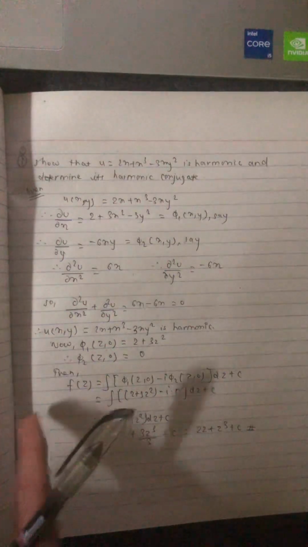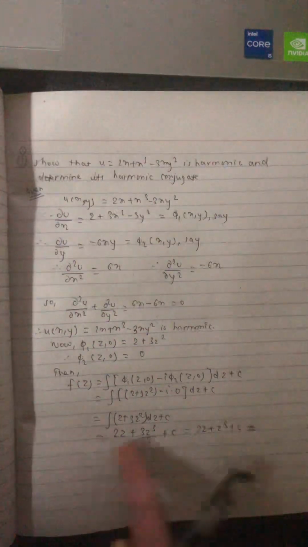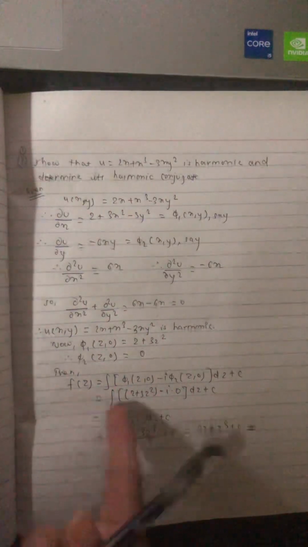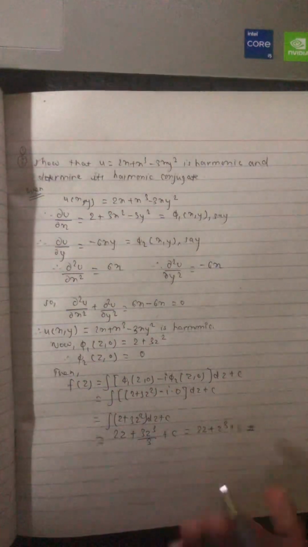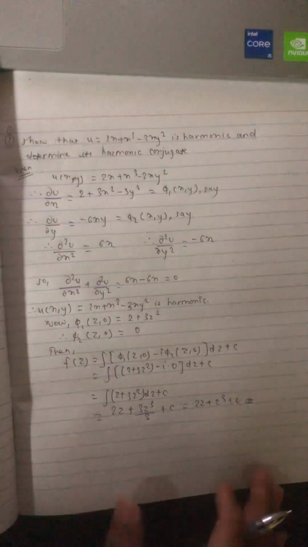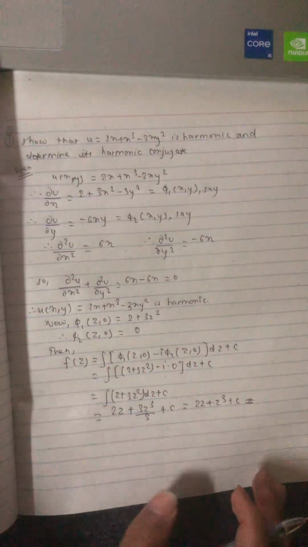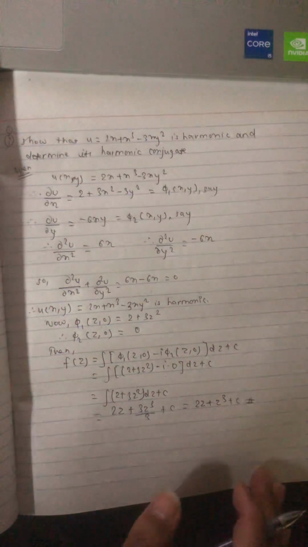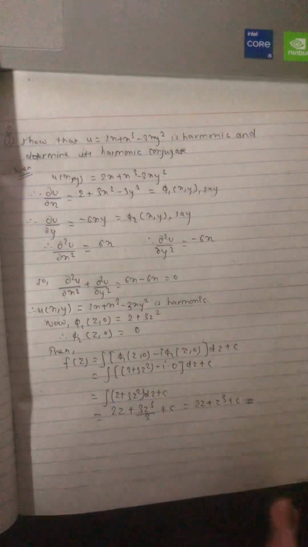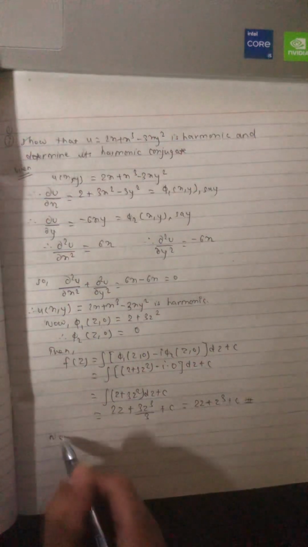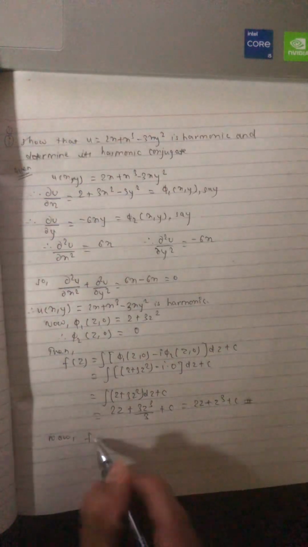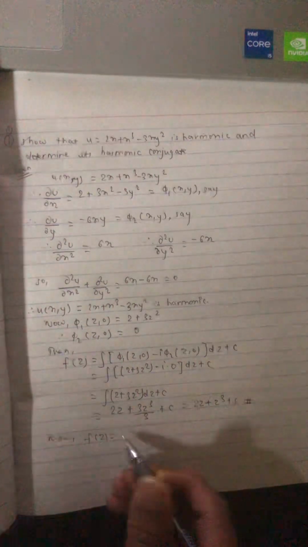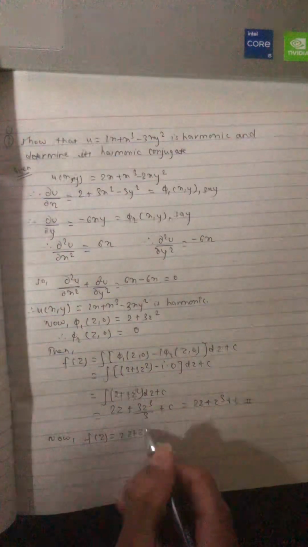So this is the function f of z in terms of z. So f of z equals 2z plus z cube plus c.